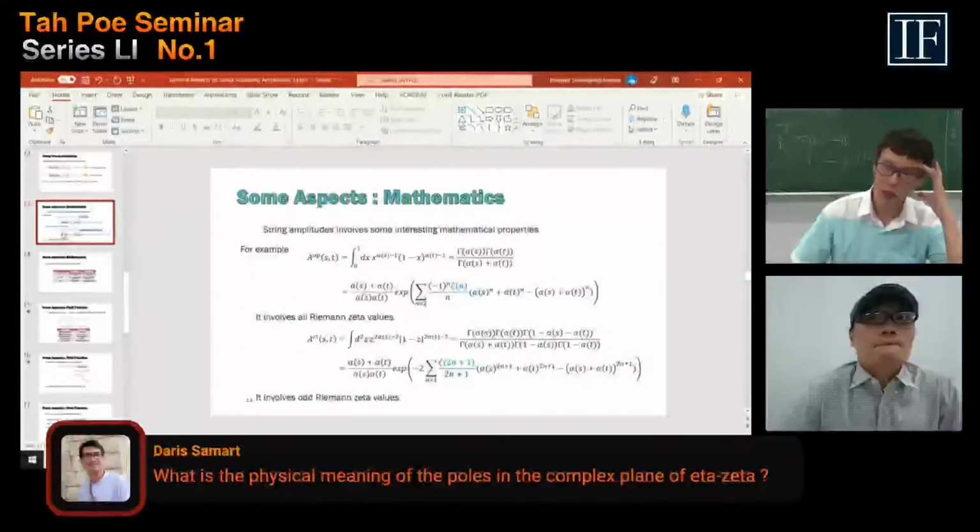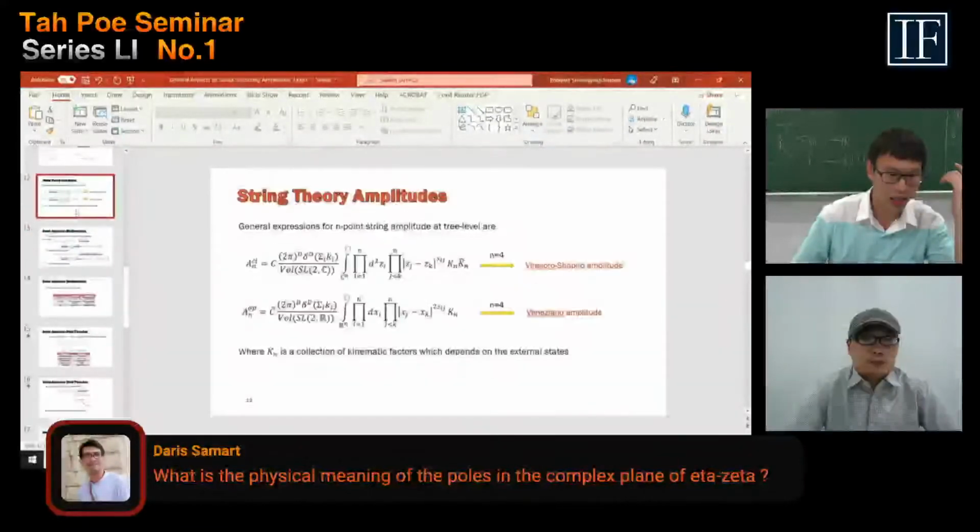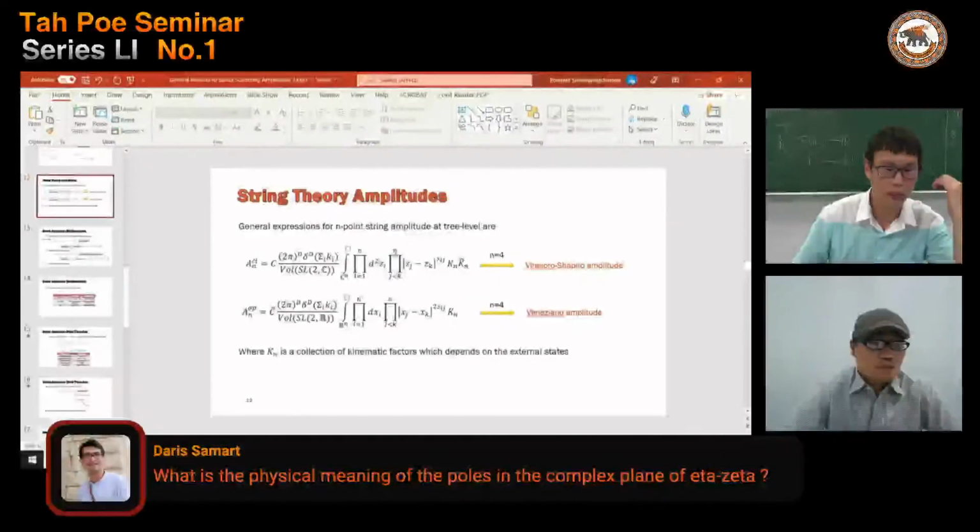Generally, I would say that the general expression in the Koba-Nielsen formulation consists of poles.